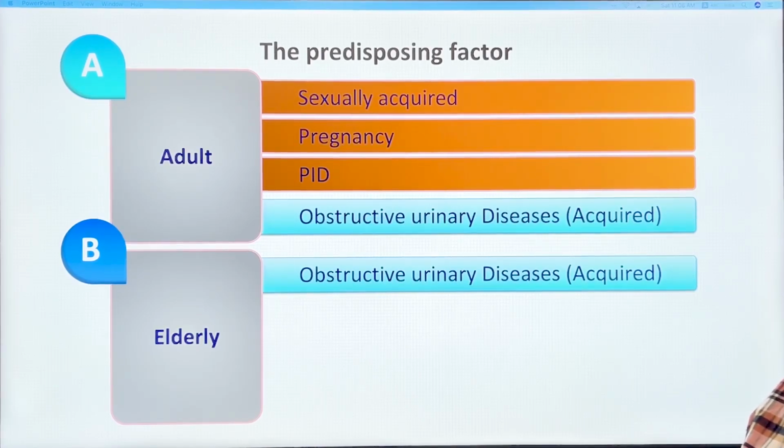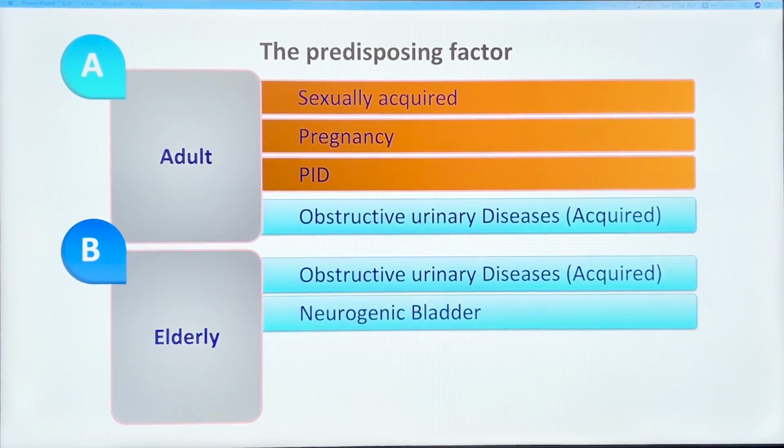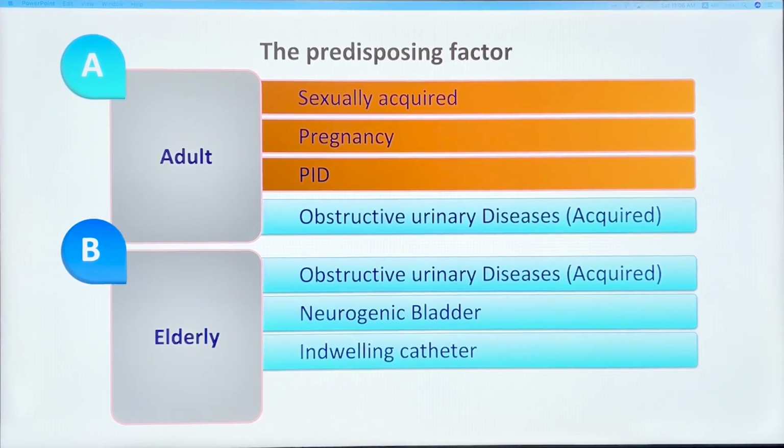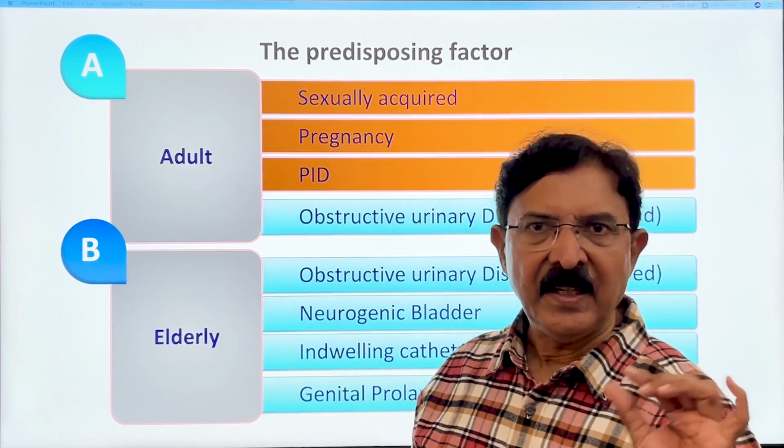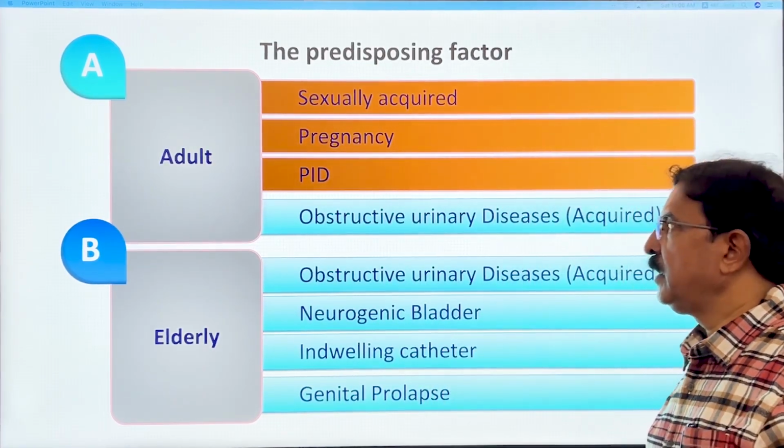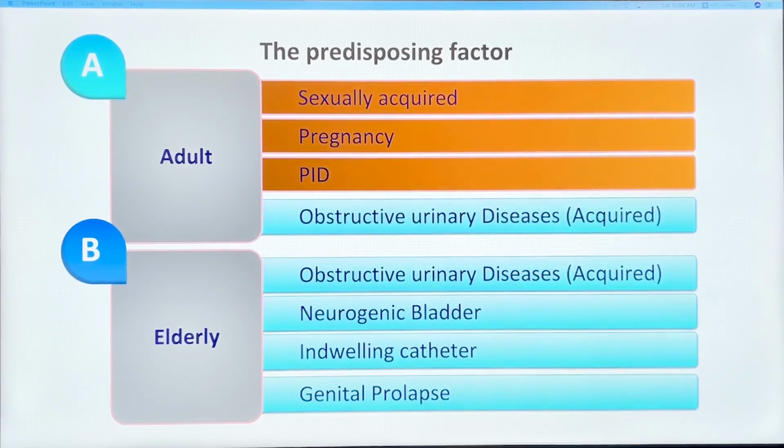Postmenopausal urethral senile stenosis is very common. A neurogenic bladder dysfunction is very common. A catheter as a source is very common. And a genital prolapse resulting into loss of urethral seal is also a common factor. So then these are the predisposing factors that you can have.